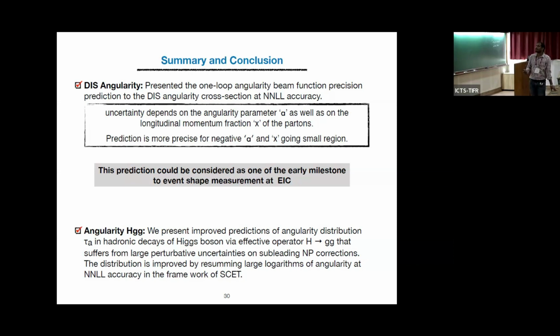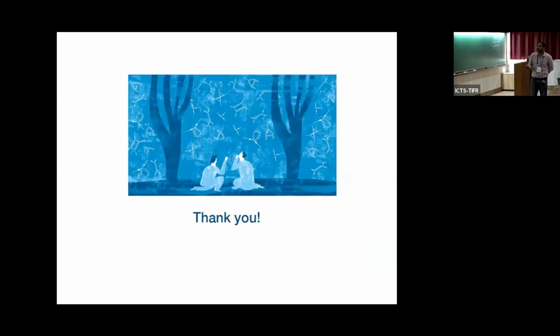We reported that the negative A and small x region could be a good region to study in terms of the output of the soft collinear effective field theory. This work could be one of the early milestones for EIC measurements. I have also shown our recent work in this direction for the Higgs to gluons. Okay, thank you.